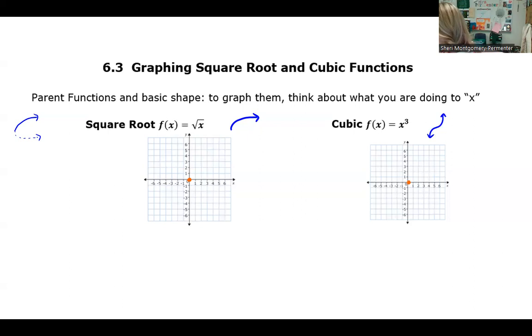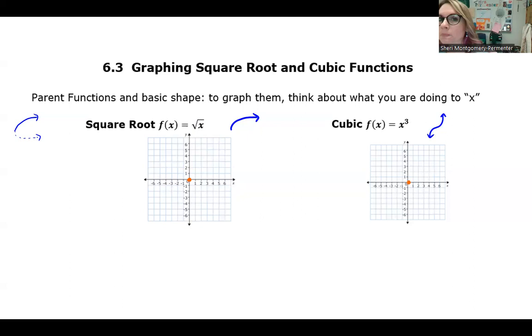From there, we need to think about what we are doing to the x. For a square root function, we are square rooting it.